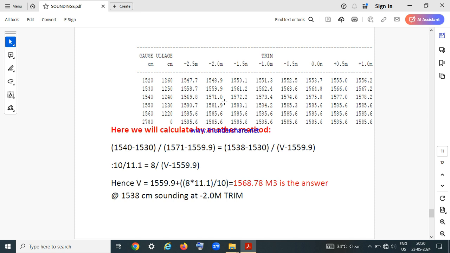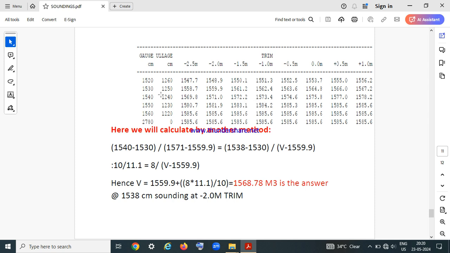This value which comes, divided by 10 because there are 10 divisions, gives 1 division. So suppose this division comes 1.11 or 1.2 or whatever it comes.